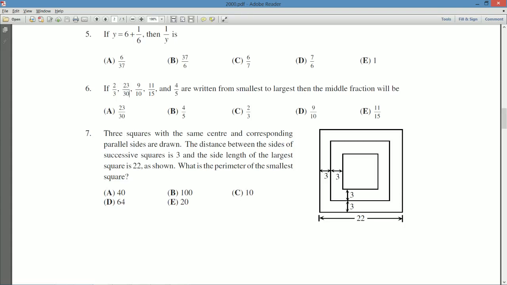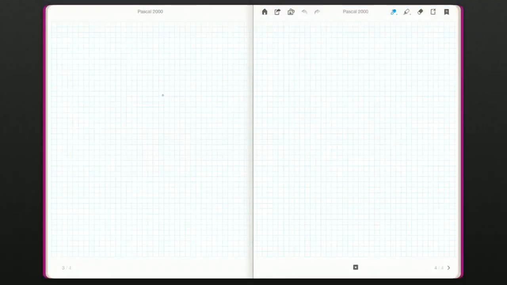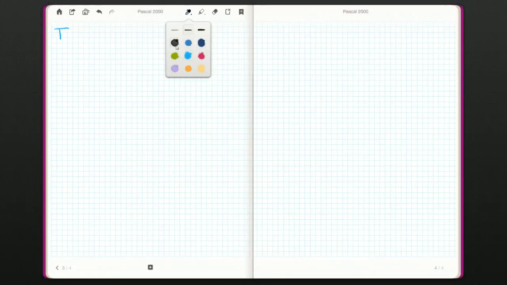But suppose it were a harder question. How can we get a common denominator for a bunch of fractions?